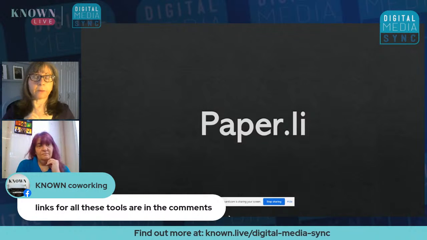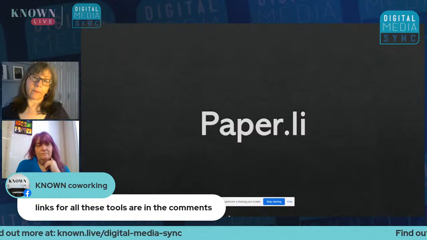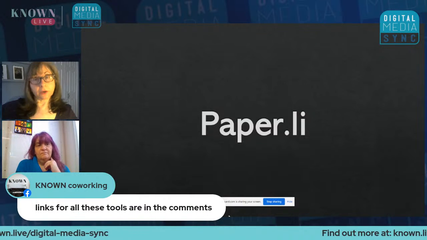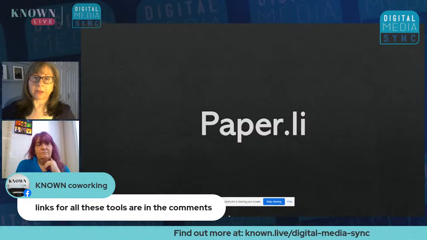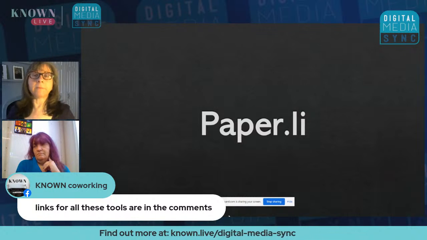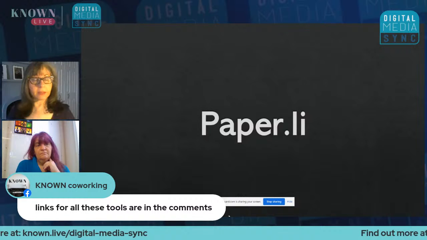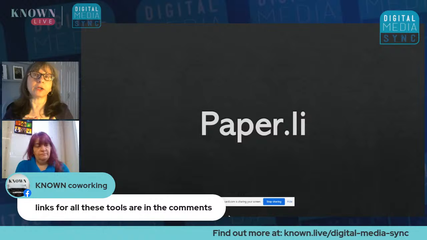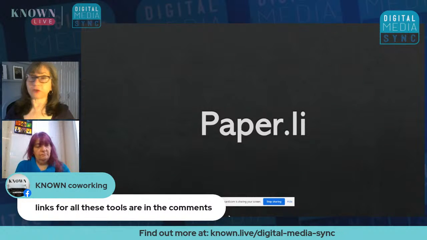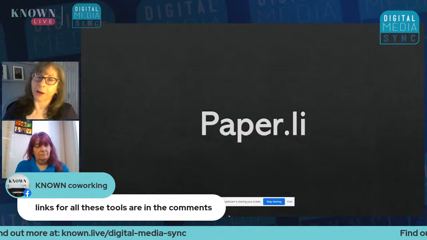Your Paper.li newsletter the next day will @ them, and it will pick up their announcement, that, hey, we picked up a brand new client. And then they will probably like it and maybe respond to it. It's a way for you to, first of all, publish every 24 hours without having to go in there and publish every 24 hours.